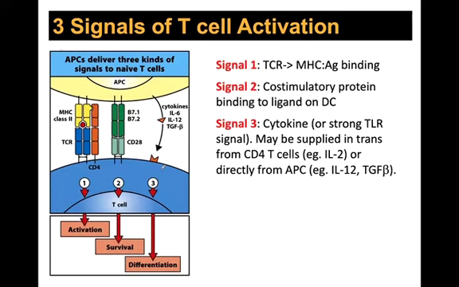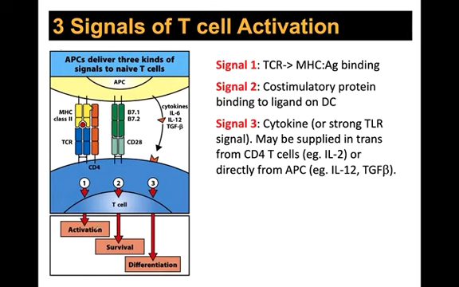It would be during a systemic infection, right? If you've got virus or bacteria in the lymph node, that's basically saying, throw everything at this, including the kitchen sink. You don't need to worry about getting cytokines. You get a Toll-like receptor signal, just keep going, okay? So those are the three things.